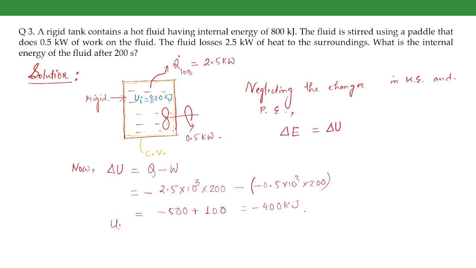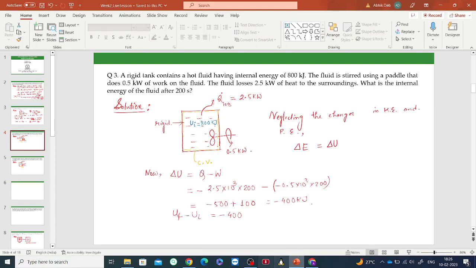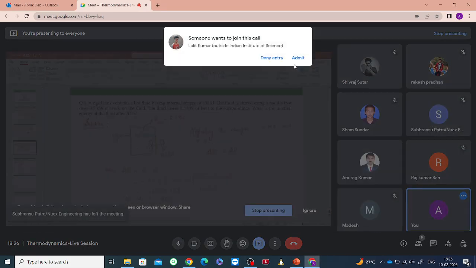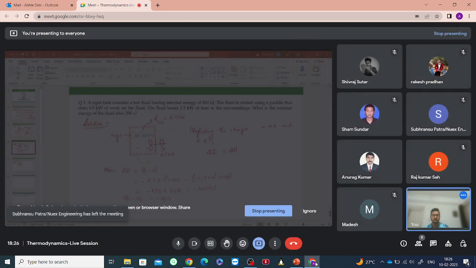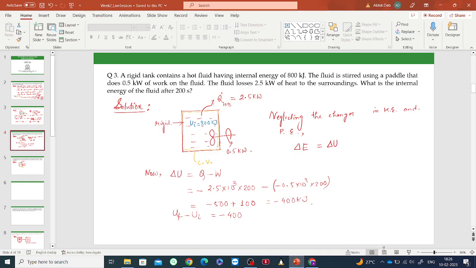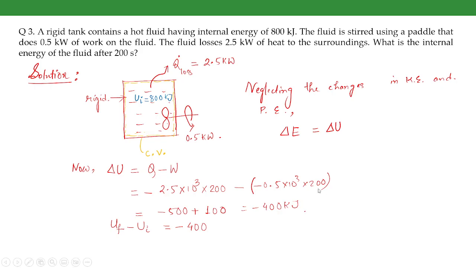Okay, so you can say that the change in the internal energy is given as the final internal energy of the system minus the initial internal energy of the system, which is minus 400. So what is the final internal energy?